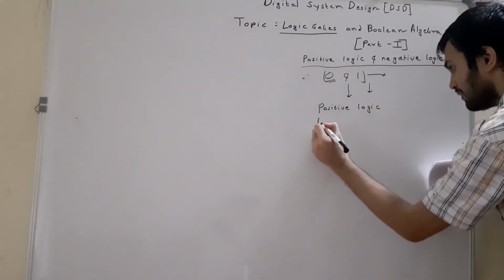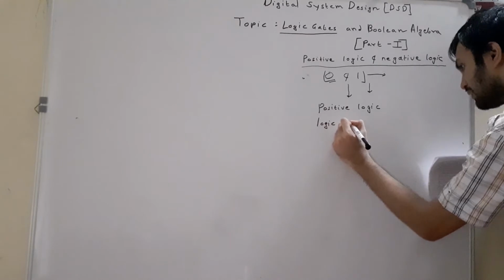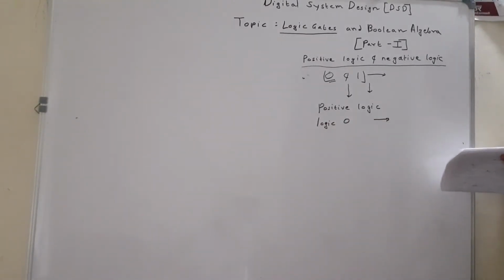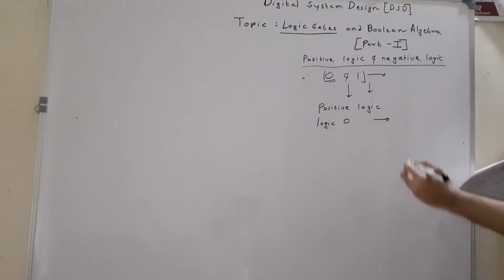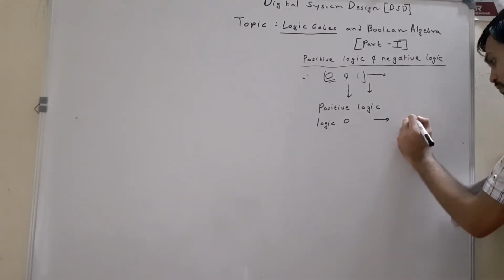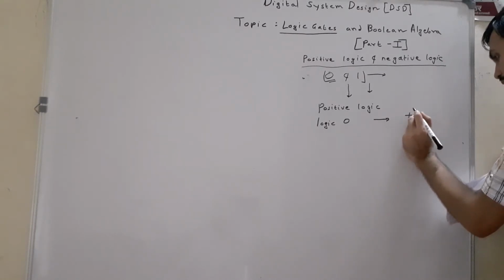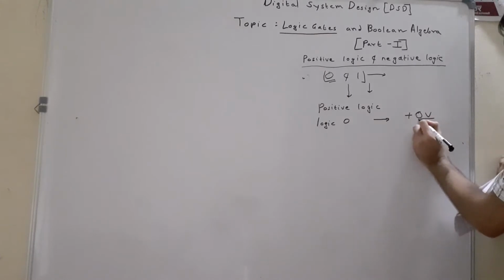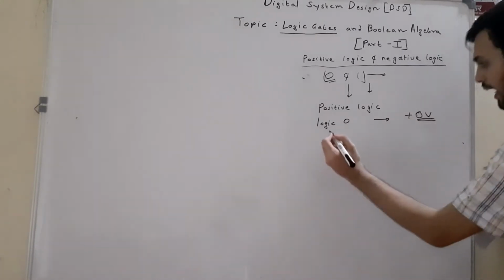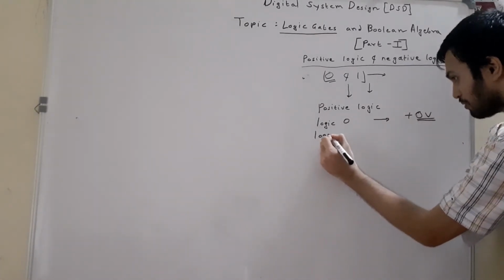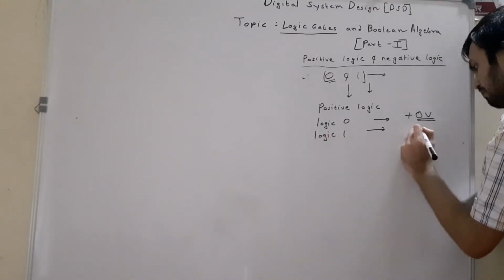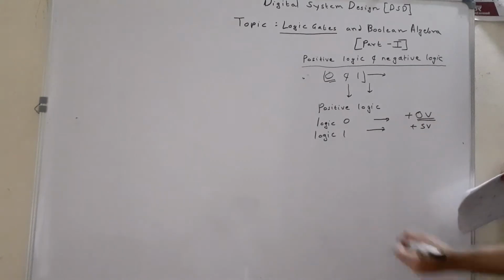if a logic 0 is transmitted, the corresponding electrical voltage value associated with it is 0 volts. Logic 0 corresponds to 0 volts in the circuit, and logic 1 corresponds to plus 5 volts in the circuit.